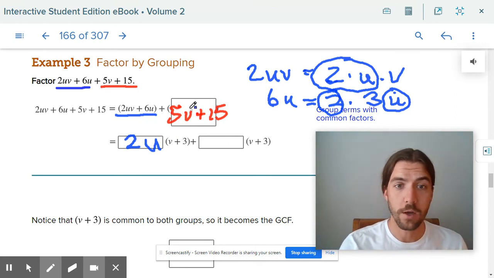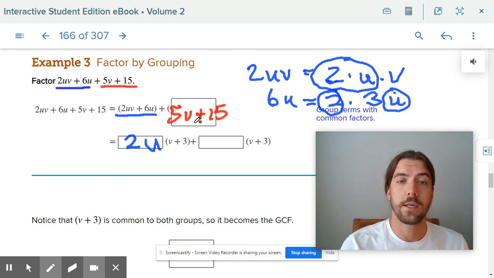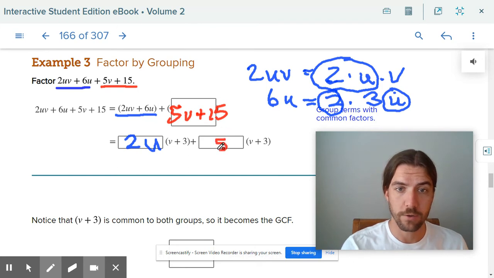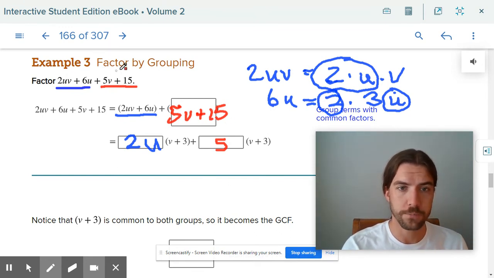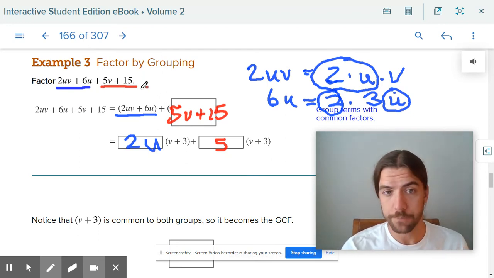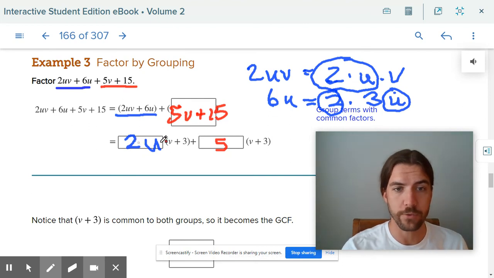Okay, same story on the red side. If we look at the red side, then 5v plus 15, well, I can remove 5 from both of those. I can factor out a 5, right? Because 5 times v is 5v, and 5 times 3 is 15. Okay, so we have taken 4 terms, put them into 2 different groups of 2 terms each, and we've taken those 2-term polynomials and factored them down.